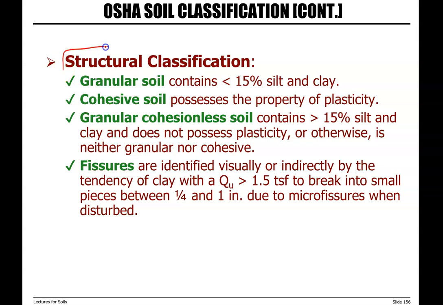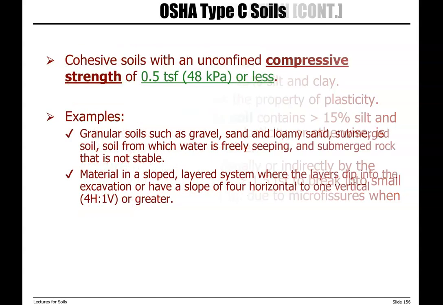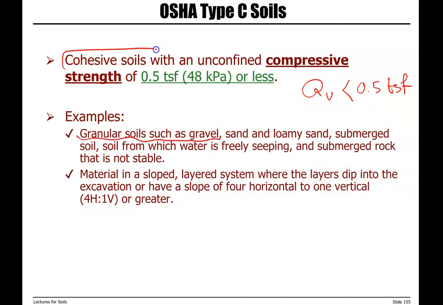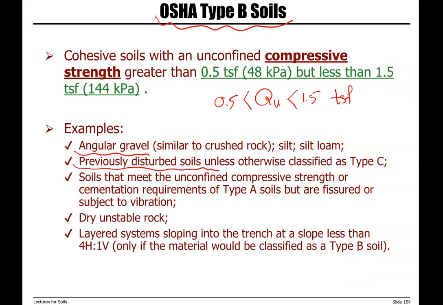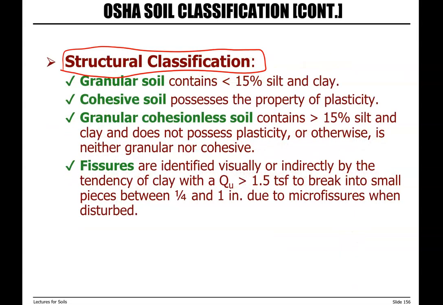We also have a structural classification. What we talked about so far was the classification for cohesive soils. For cohesive soils, we have Types A, B, and C. Based on the structural classification, soil with less than 15% fines is considered granular soil, which is mostly gravel and sand.